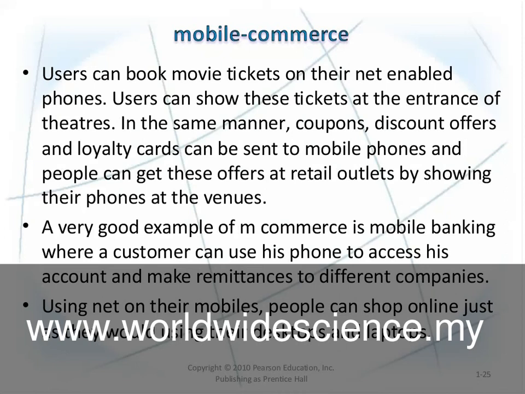A very good example of m-commerce is mobile banking, where a customer can use his phone to access his account and make remittances to different companies. Using net on their mobiles, people can shop online just as they would using their desktops and laptops.